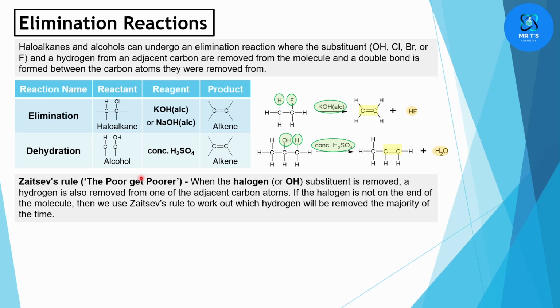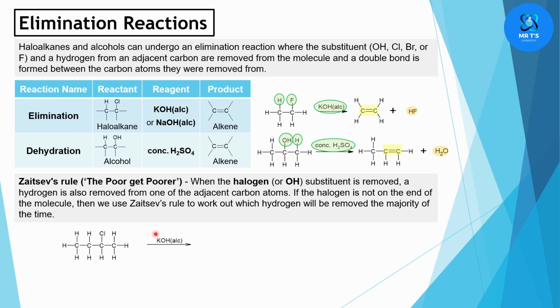We saw that in the two examples we were given. But the hydrogen that is going to be removed most of the time is the one attached to the carbon that has the least hydrogens attached to it.